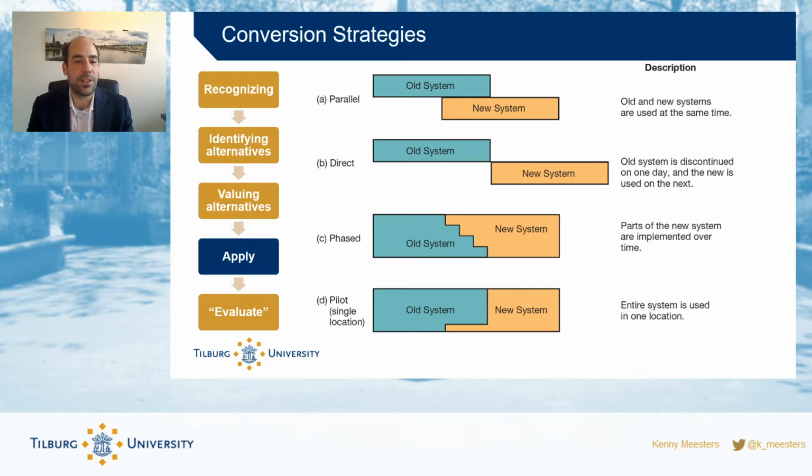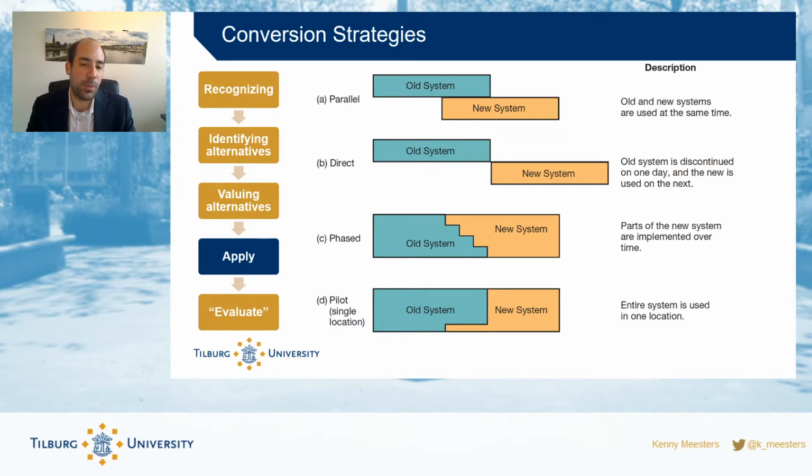Now, what are the advantages of doing it parallel? Well, in parallel, in option A, you will always have a backup. If it doesn't work out, you could switch back to the old system. But of course, the downside is that you'll be doing double the work. You need to keep both systems running and keep them in sync, and all the activities in the system have to be done twice.